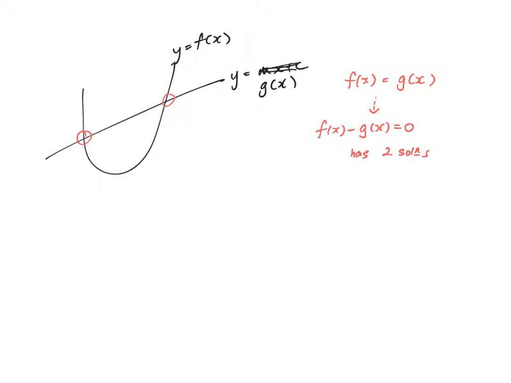2 solutions meaning what? This itself is going to give me a quadratic equation. What can you say about the quadratic equation? It has 2 solutions, so you can say that the discriminant will be more than 0. This means that they intersect each other at 2 points. What about if they were to intersect at 1 point?